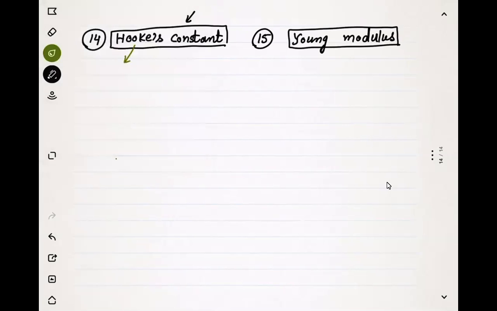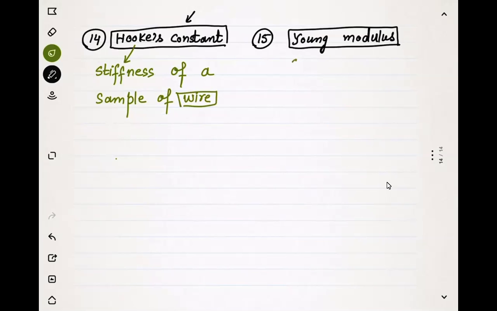Hooke's constant represents stiffness of a sample of wire, for example. You may say a wire is a cylindrical shape. And Young modulus, instead of a wire or object, represents the stiffness of a material.